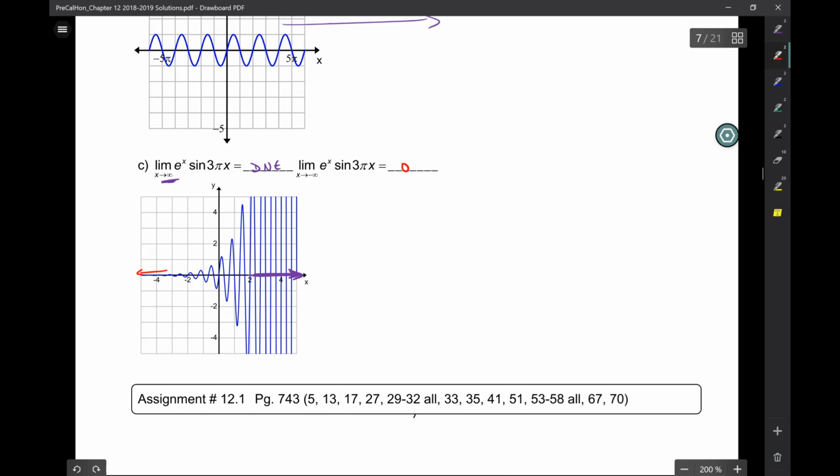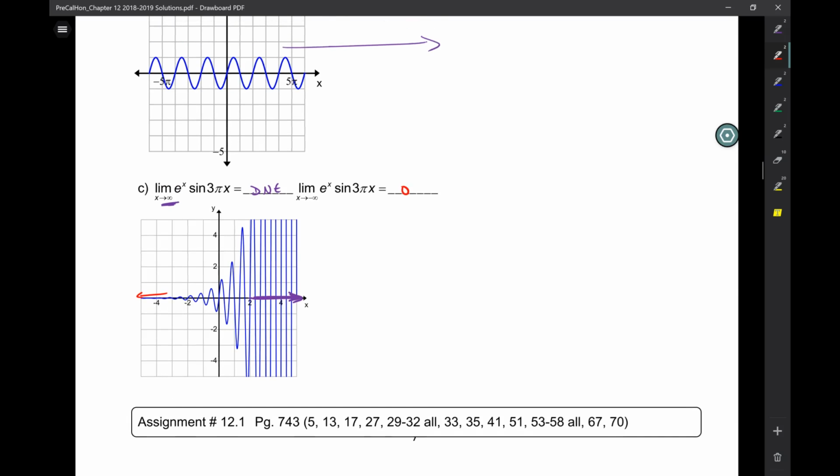Now, let me talk about this function for a minute. As I approach infinity, look at what's happening to the function. It just keeps oscillating, so it does not exist. But as I approach negative infinity, it gets closer to 0.